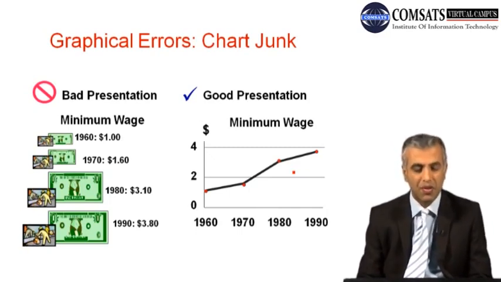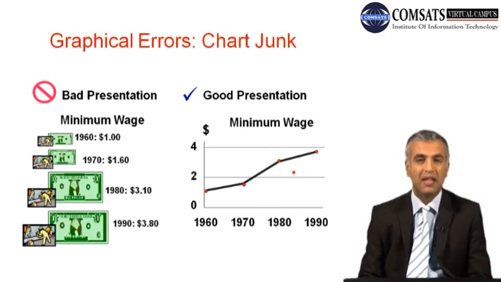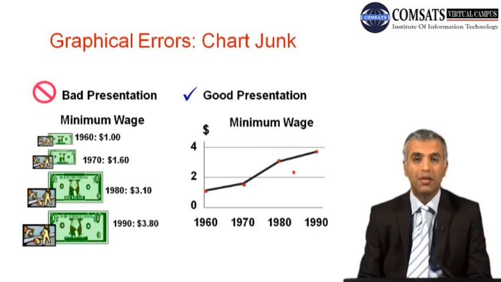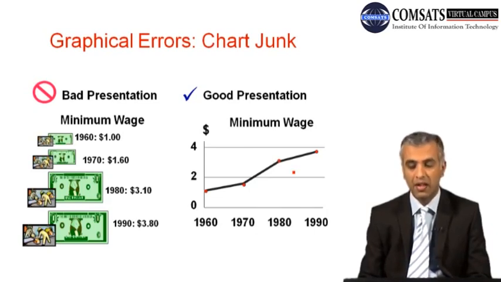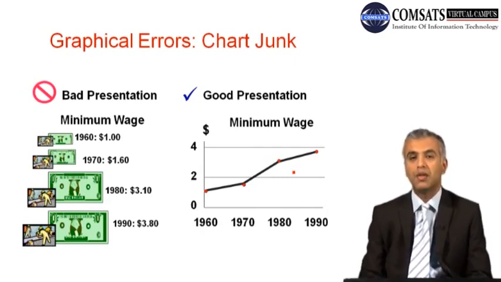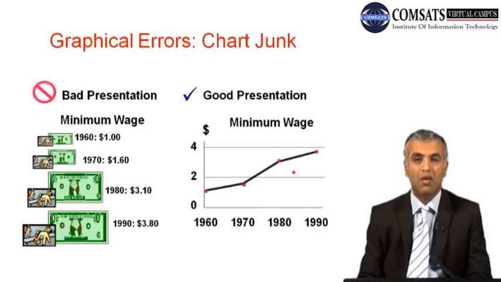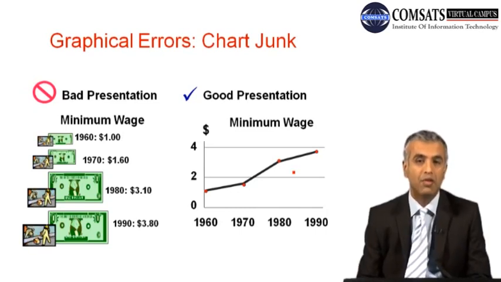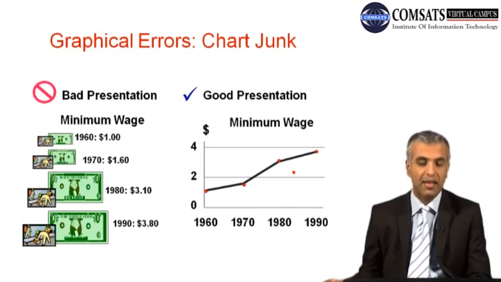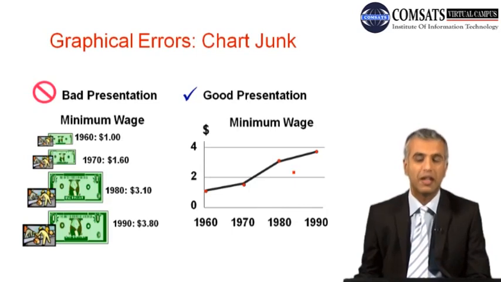It's easy to present the figures and just give a table of figures, but it's more helpful to present it in the form of a graph, as you can see on the screen. A graph gives us a very good comparison of where the values are lying and how they can be presented, and that gives a very good illustration of what you're trying to say to the audience.